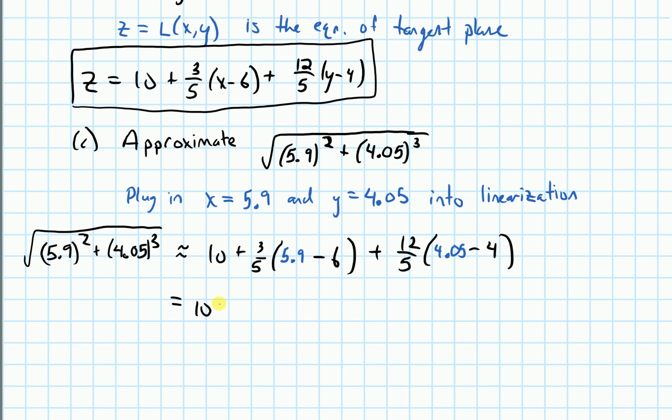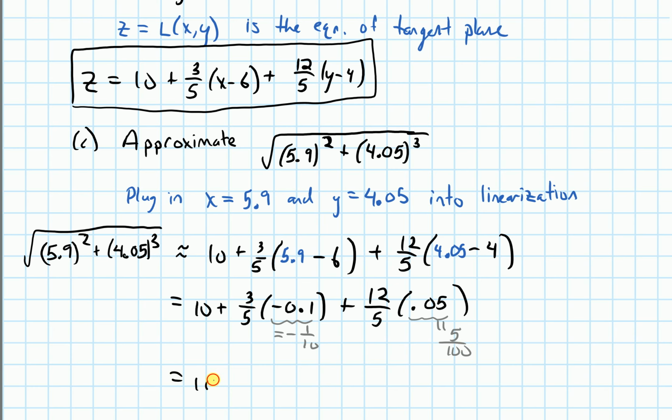Okay, so we get 10 plus 3/5 times 5.9 minus 6, which is negative 0.1. And then we get plus 12/5 times 0.05. Okay, but we can rewrite these decimals as fractions. So this is equal to negative 1/10, and this is equal to 5/100. So continuing to simplify, we get 10 plus 3/5 times negative 1/10, that's actually going to be negative 3/50.